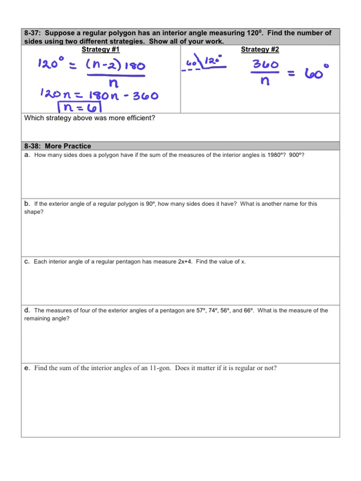If I cross multiply, 360 is equal to 60 times n, and when I divide by 60, I still get that the number of sides is 6. So we can use either method. Which strategy is more efficient? Well, strategy number 2 has less work for sure. Which one you use really depends on which way your brain processes it best.